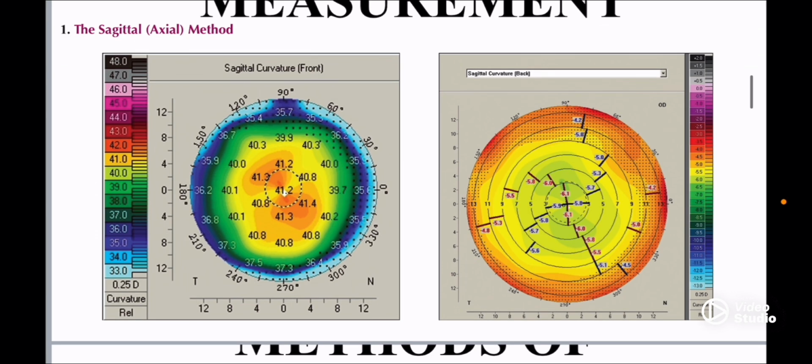The sagittal map of curvature will look something like this, as shown in the two images. The image on the left represents the sagittal curvature map of the front, and the image on the right depicts the sagittal curvature map of the back of the cornea.